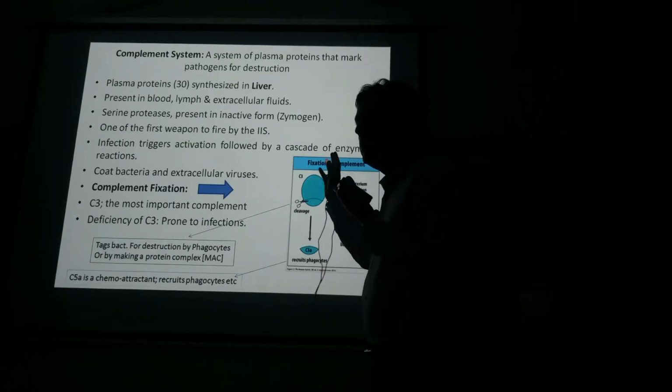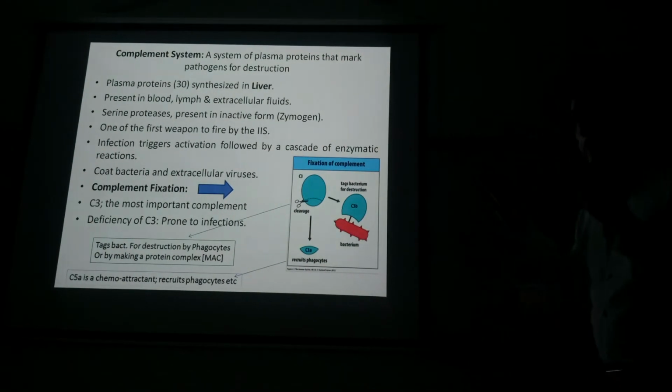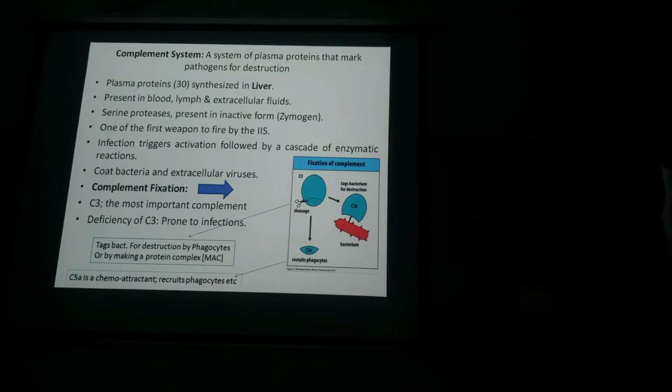So the complement system is important because it is the first to come into play, and antibody production happens later, because adaptive immune responses are generated at the end of infections when the innate immune system is not capable of handling it.